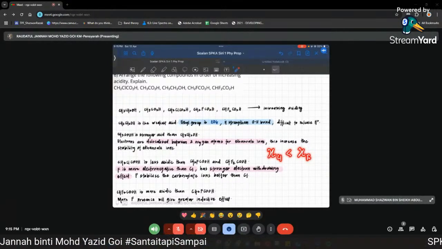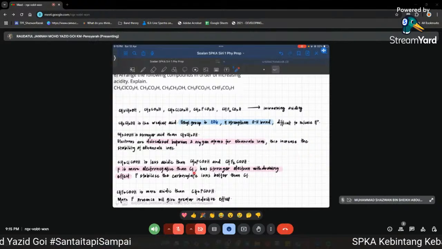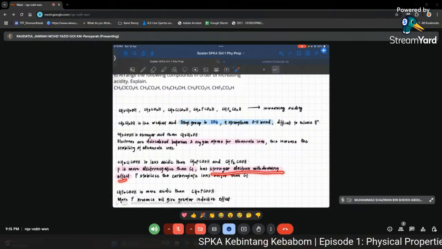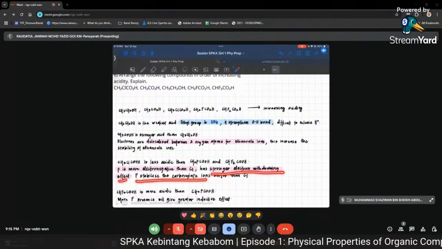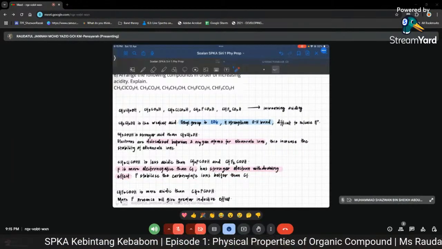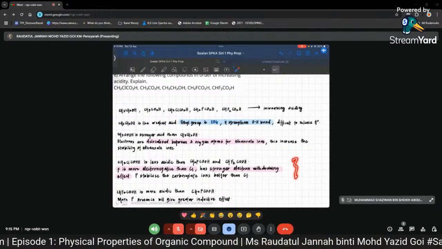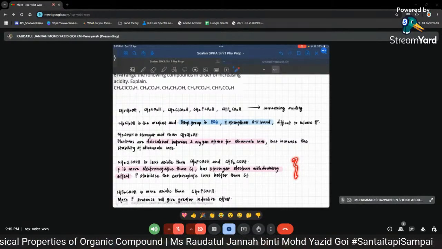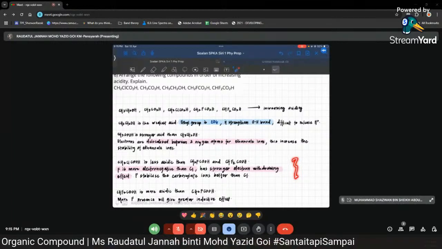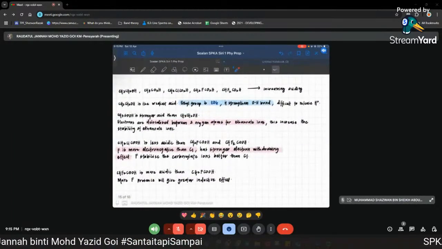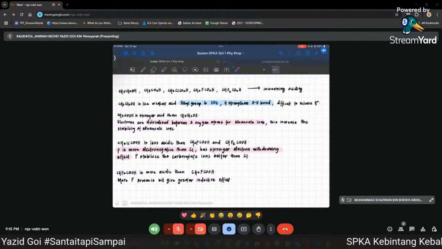So because of that, you can say that fluorine is more electronegative than chlorine. It has stronger electron withdrawing effect. Fluorine will stabilize the carboxylic ion better than chlorine. Okay, so that is how you argue you punya answer. The presence of more electronegative atom can actually withdraw electrons better. And the last one is actually the number of fluorine yang ada dalam you punya structure.